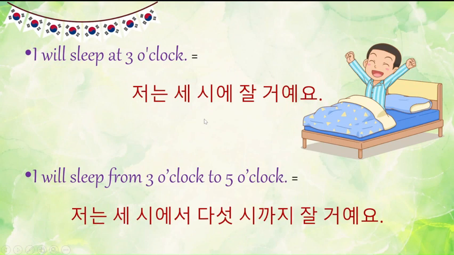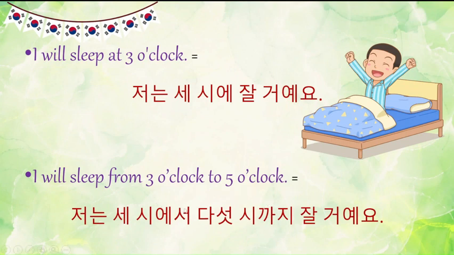Alright? Okay, next sentence is I will sleep from 3 o'clock to 5 o'clock. In Korean it is 저는 3시에서 5시까지 잘 거예요. Here, there is a starting time, from 3 o'clock, and then there is an ending time, the time at which a particular action ends, that is 5 o'clock.